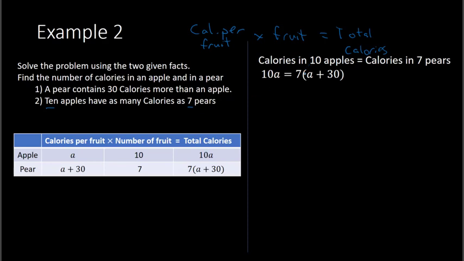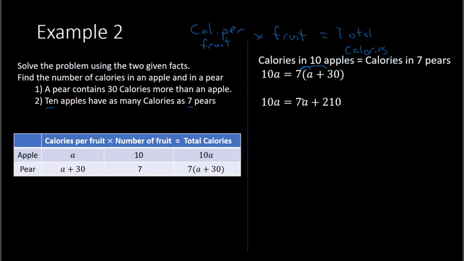So from here, all we do is we distribute the 7 to the A and the 30. So 7 times A plus 7 times 30. 7 times A is 7A. 7 times 30 is 210. All right. So from here, I need to get the A's on the same side.